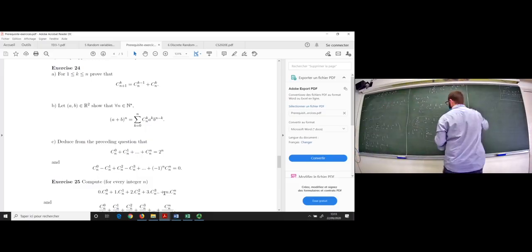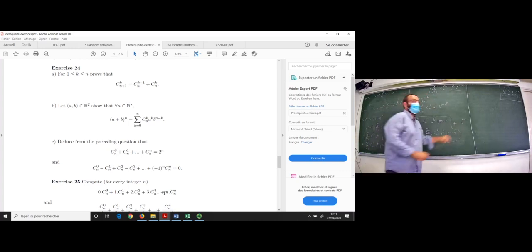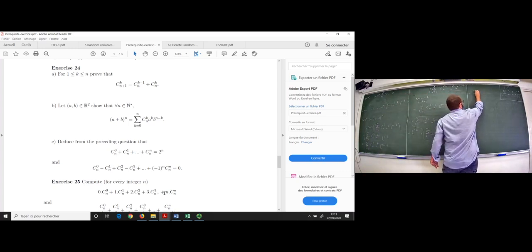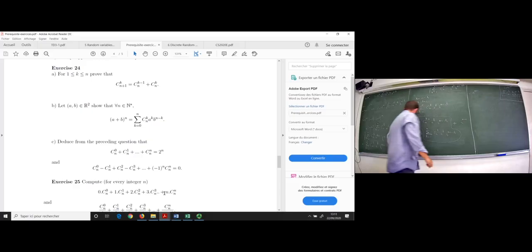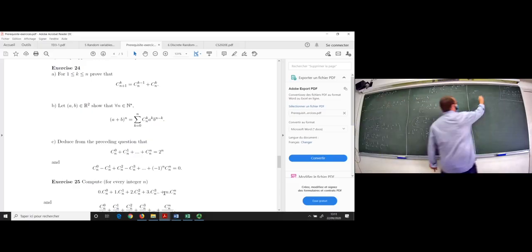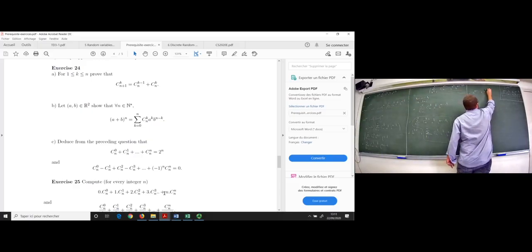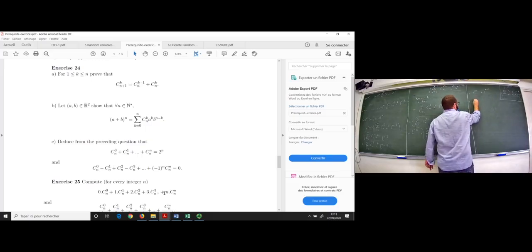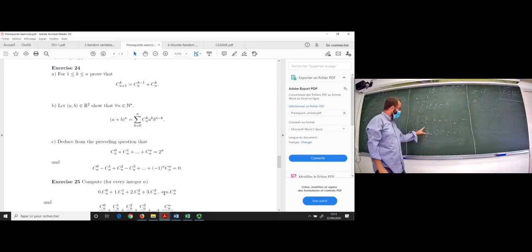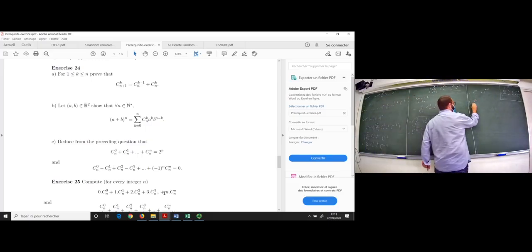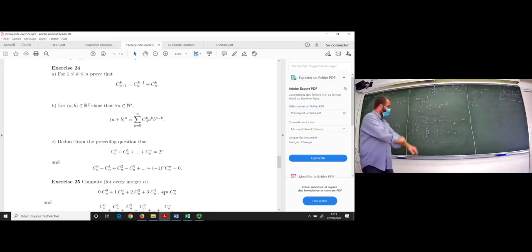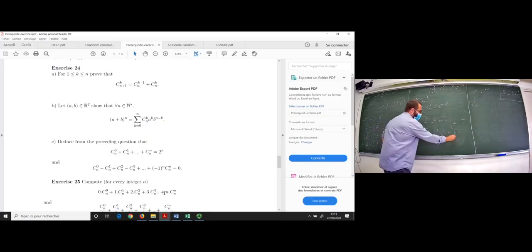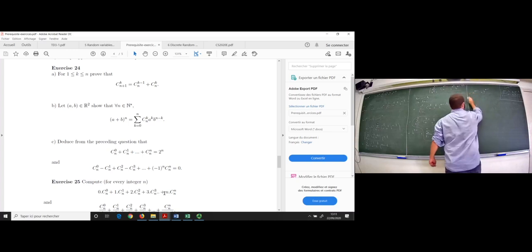I continue here. I have a to the power n plus 1, b to the power n plus 1, and now also a sum from k equal to 1 to n of what? I have to do this one plus this one. I can put this term into factor, and I obtain something like this, so we are going to write it below.